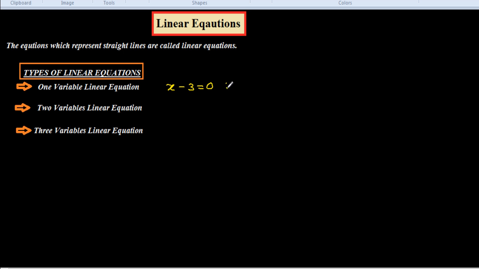Or it may be like this also, 2x minus 5 is equal to 0. So there is also one variable. It may be like this, t plus 4 is equal to 0. It may be like this, y minus 3 is equal to 0. So these all are linear equations of one variable.